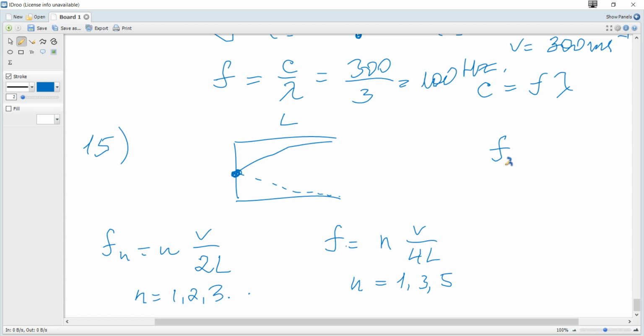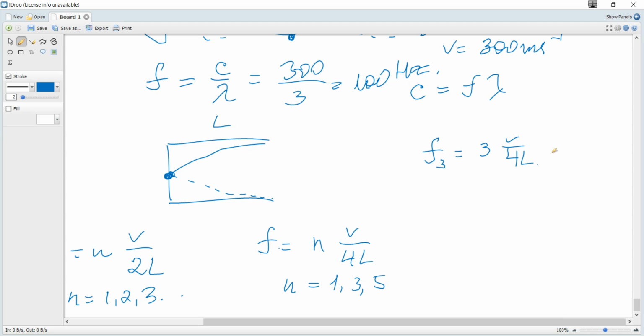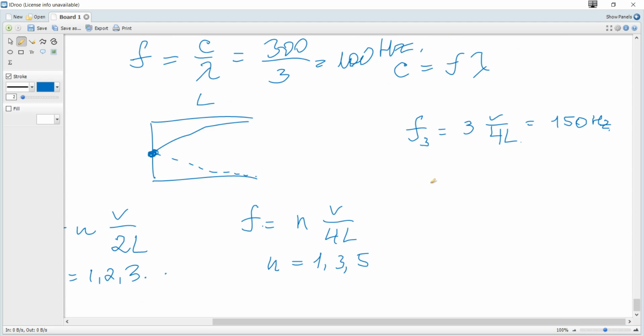So the third harmonic, f3, is 3v over 4L. And it's what? It's 150 hertz.